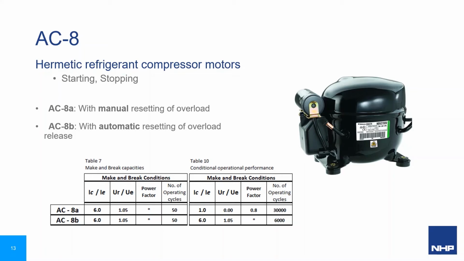AC8A is where the motor control has manual resetting of overload releases, and AC8B with automatic resetting of overload releases. These ratings are utilized in HVAC refrigeration applications, which do not utilize inverter drives.